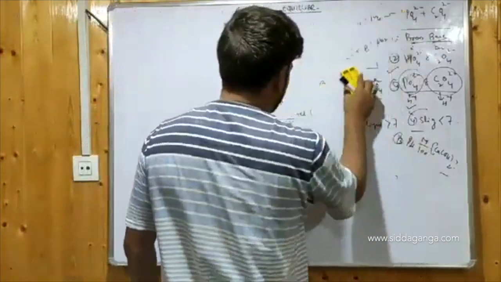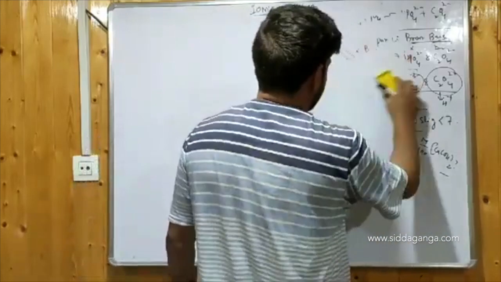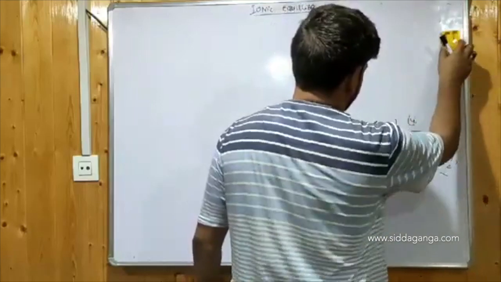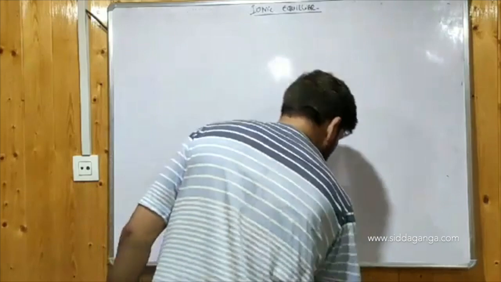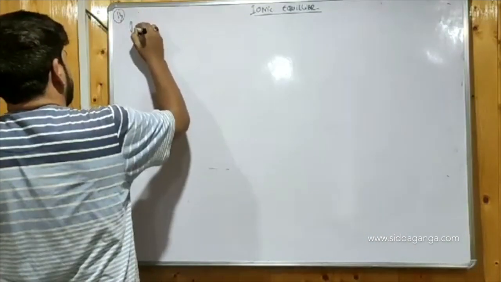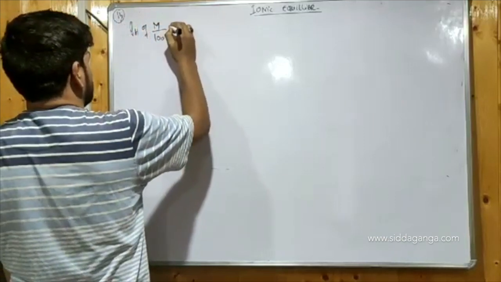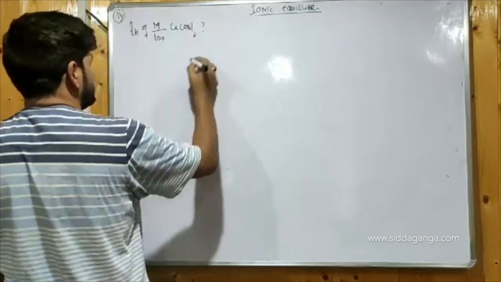So what's the question number 13? We have to find out the pH of M/100 calcium hydroxide solution, Ca(OH)2 solution, right?